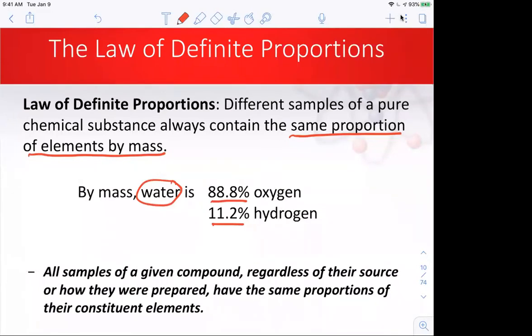All samples of any given compound, regardless of their source or how they were prepared, have the same proportions of their constituent elements. Water is always 88.8% oxygen and 11.2% hydrogen. If I don't have that ratio, if I don't have those definite proportions, I don't have water.